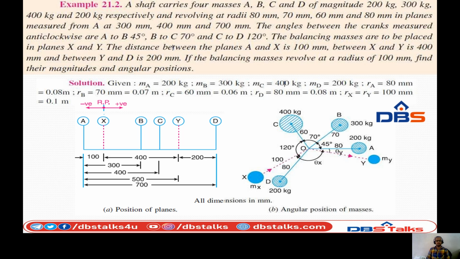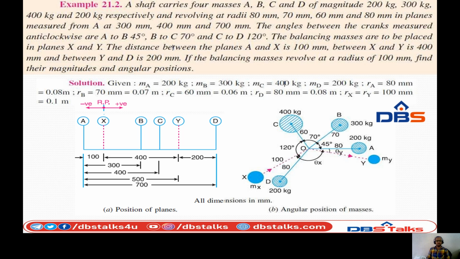If you consider Y as a reference, we can solve the problem with no doubt of getting a different solution. Whether X is the reference or Y is the reference, both answers will be the same, only the direction of placing the balancing mass will be different.